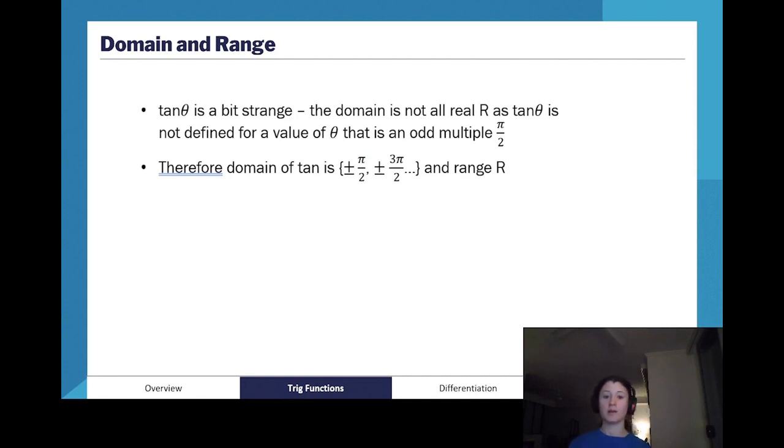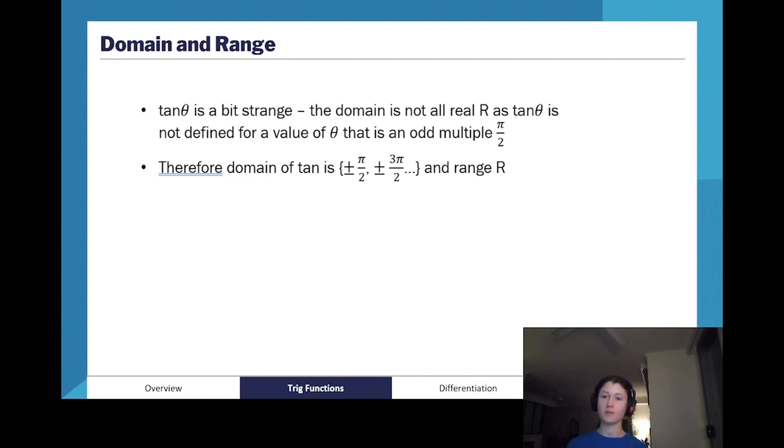Okay, now we're getting on to the domain and range of tan. So tan is a little bit strange, right? Tan's domain is not actually all real, as tan theta is not defined for a value of theta that is an odd multiple of pi on 2, right?